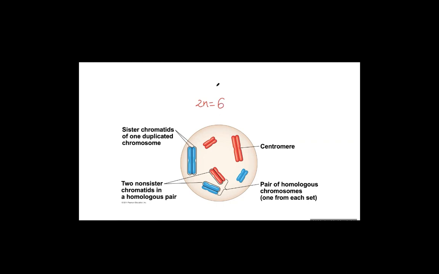If you write down 2n equals 12, that is not correct. This is a duplicated chromosome, right? But here, this is a centromere. On the centromere, two sister chromatids attach to each other, tightly bound. And I told you that whenever you count chromosomes, count the number of centromeres. 1, 2, 3, 4, 5, 6.